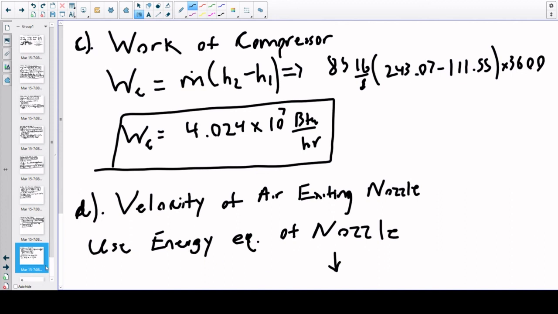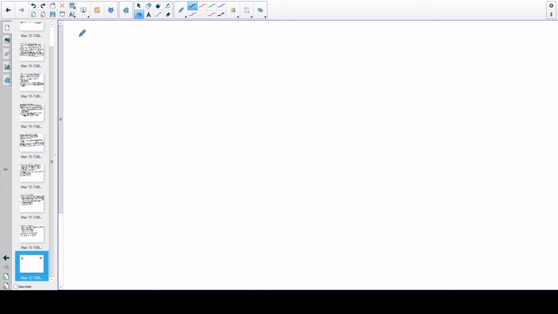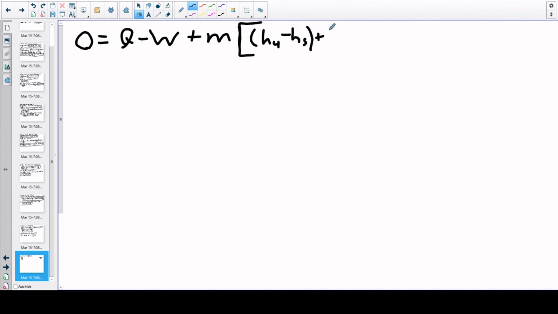So, for the efficiency of the nozzle we have to write the nozzle energy equation, which is the same as the diffuser, only different numbering. So this is the nozzle equation.